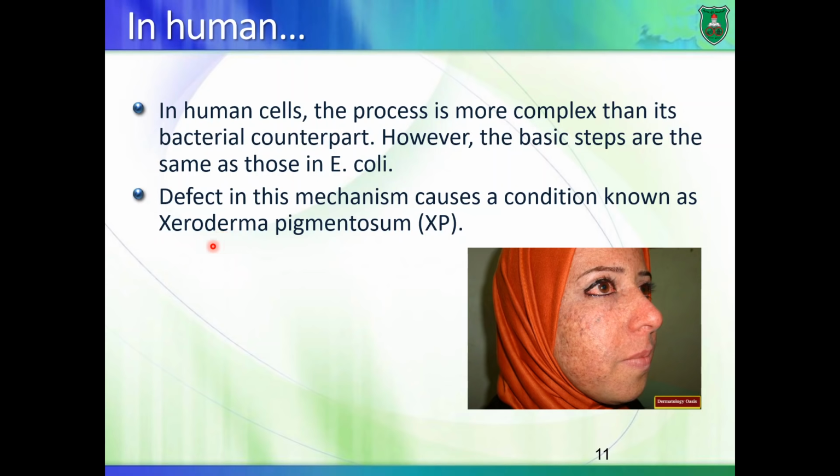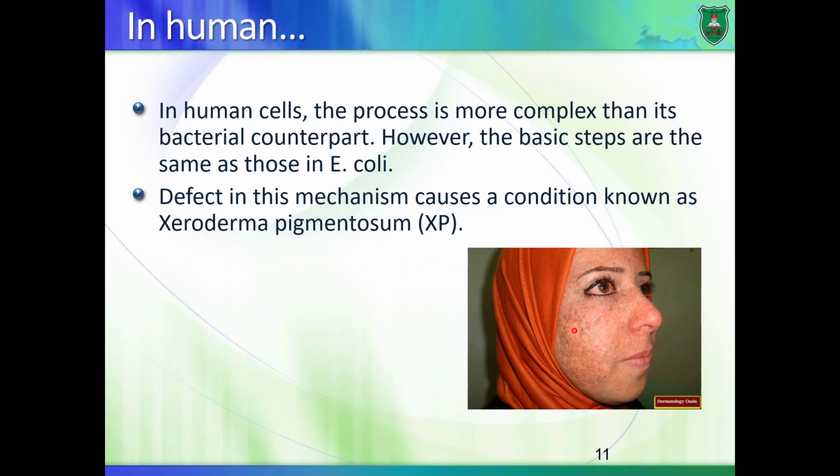It sounds like a spell from a Harry Potter movie or something. Xeroderma pigmentosum. So anyhow, derma means skin, okay? Pigmentosum, pigment. So basically people with a deficiency in DNA repair have this condition.